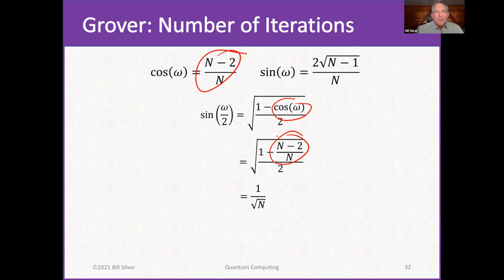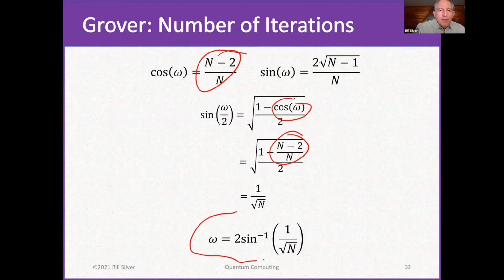Nice and simple. Okay. And therefore, I can solve for frequency in this form. So I now have a formula for the frequency of my sine wave as a function of the number of states n. We're beginning to see that square root of n show up. We're going to see a little bit more about that in just a second.